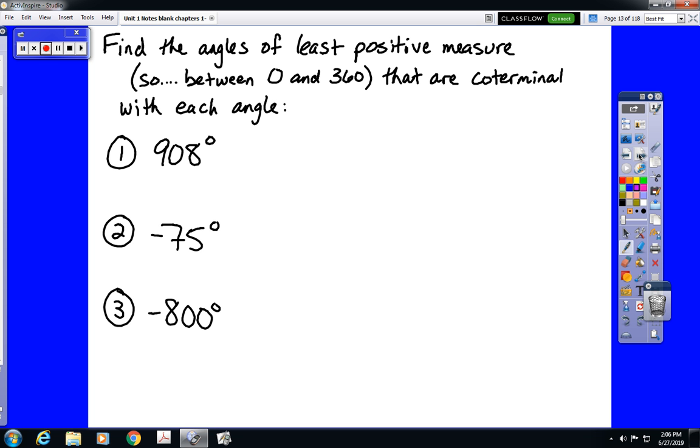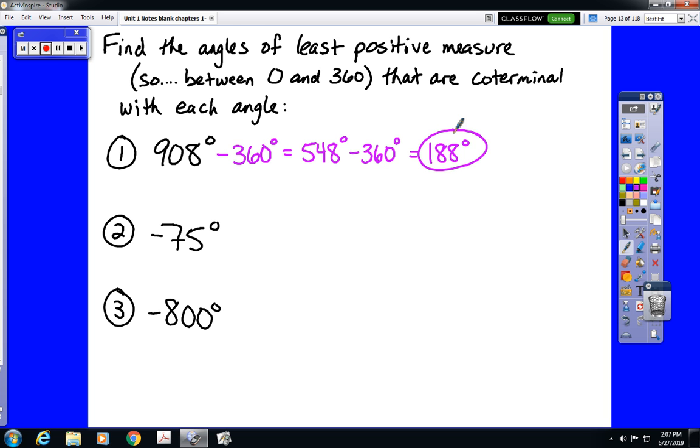The answer is clearly no. So what we do is we subtract 360 degrees, one rotation. That gets us down to 548 degrees. Is that between 0 and 360? No, it is not. So we just do it again. Subtract another 360 degrees. And that gives us 188 degrees, which is the angle of least positive measure that is coterminal with 908 degrees.